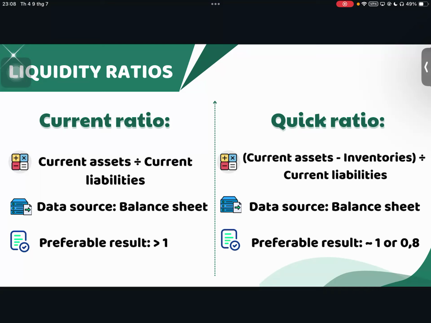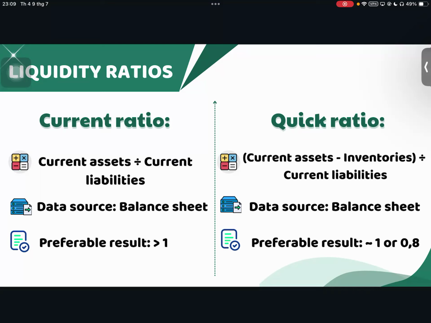On the other hand, we have quick ratio, which has a pretty similar way to calculate, but instead of just taking the current assets, it removes the inventory from the current assets. As you know, inventory is one of the current assets. This is because inventory is a risky asset, and in some contexts, it can become obsolescent or redundant if the business cannot sell it within its useful life.